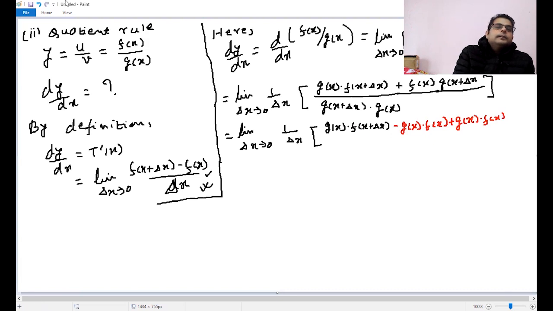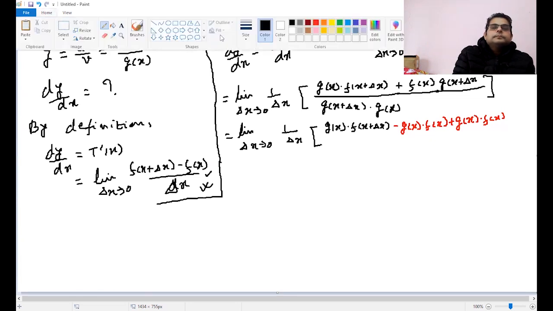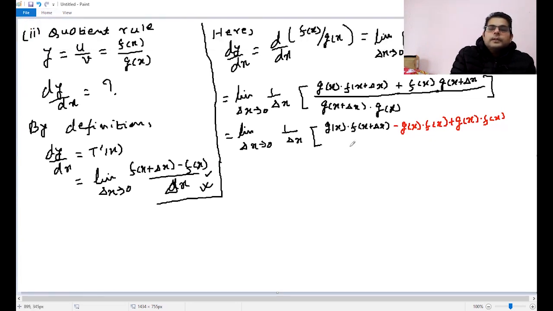All right, and then the remaining terms, yes, the remaining term is here f(x), so it is plus f(x) and then g(x+Δx). All right, and then proceed further.